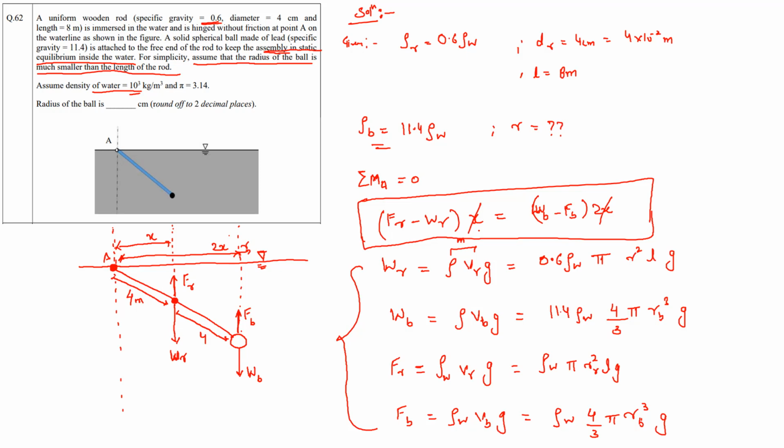By the way, again the same thing we visited two questions previously: you will do all this and you will find your answer. If you are doing everything in SI units, the answer will be in meters, and in the question they are asking for the radius in centimeters. So you have to do the conversion accordingly at the end. Please don't forget that also.